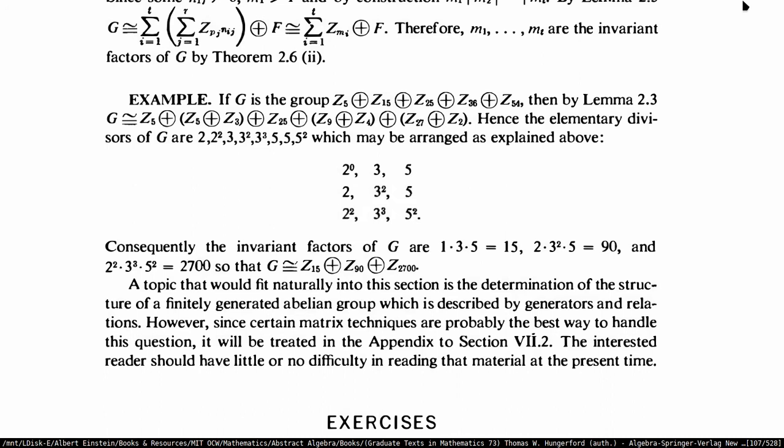Yeah. So you could go through with the primes that way. But then you see he's rearranging things and saying that if you reorganize this, then the same G can be written as Z15 plus Z90 plus Z2700. And you got 15 dividing 90 dividing 2700.